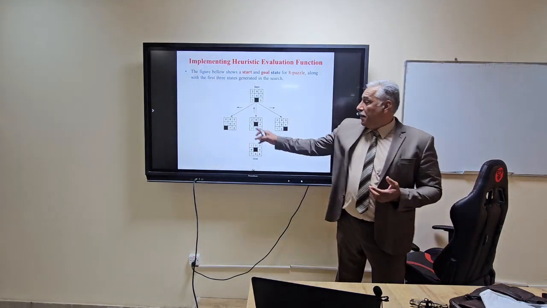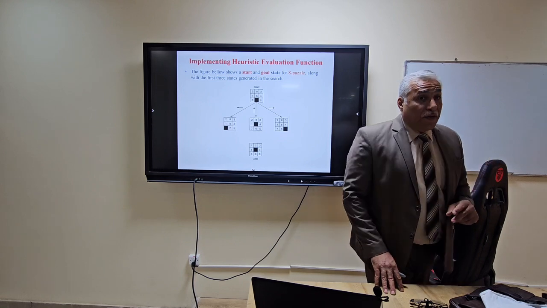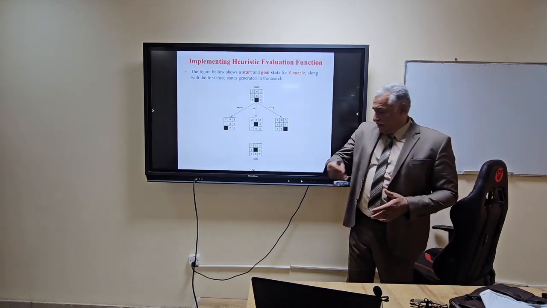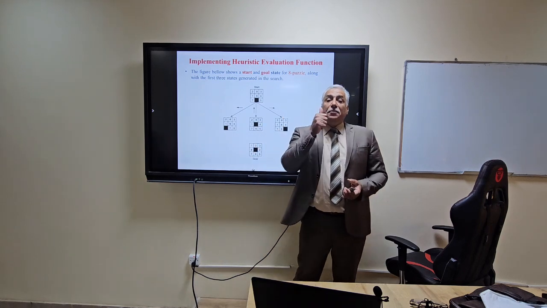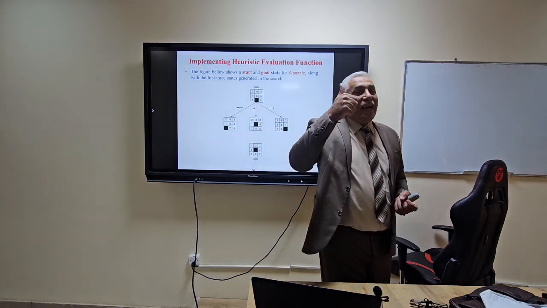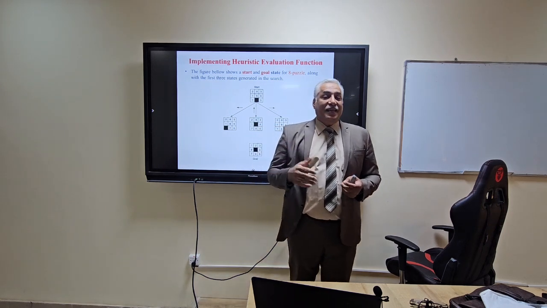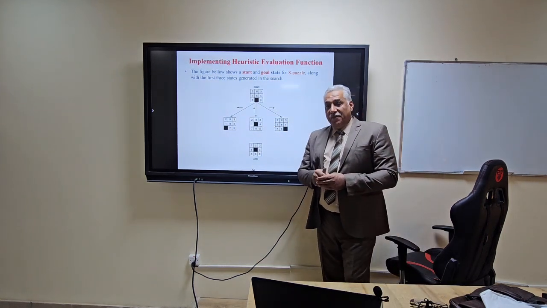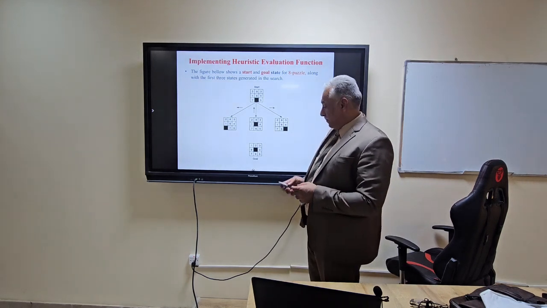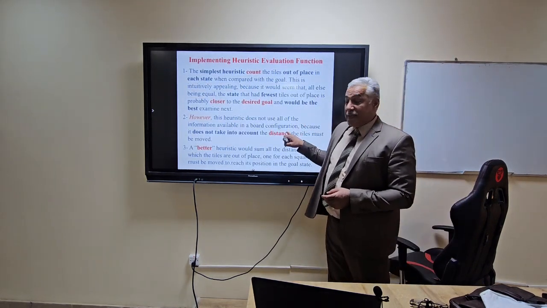The first one, the number of tiles out of place. And the other factor I add to the solution is, for each tile, the number of movements I must make to reach its final place. This is called the distance.